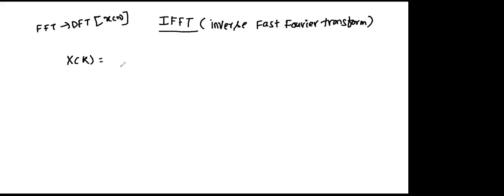X of k equals the summation of n from 0 to n minus 1 of x of n, e to the power minus j 2 pi nk by n. Try to understand my point.